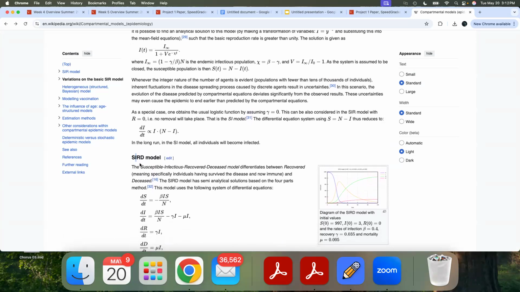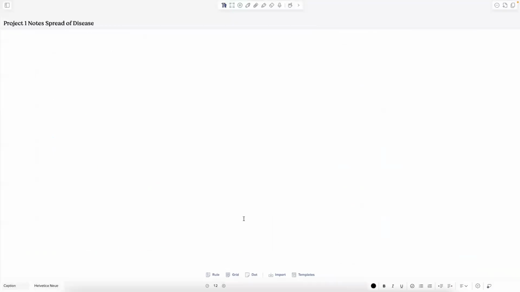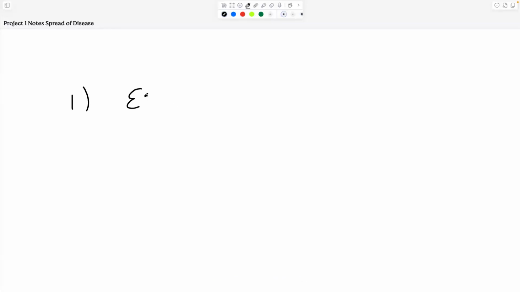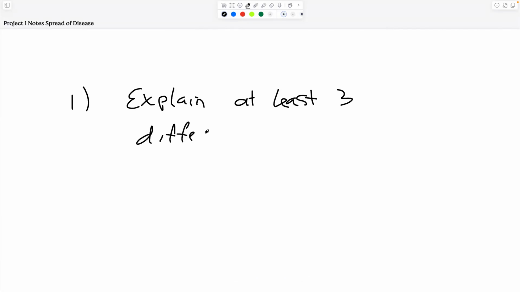But a lot of groups like to use Z. Okay, so part one: explain at least three different SIR type models. So probably SIR, SIRD, SIRV, where we throw in the V for vaccination.